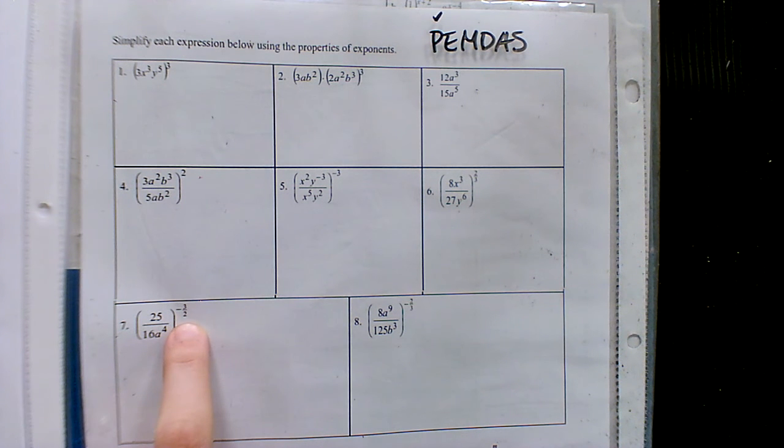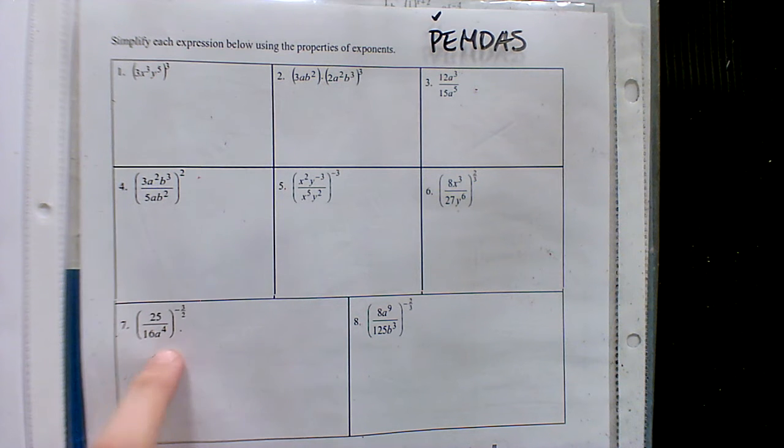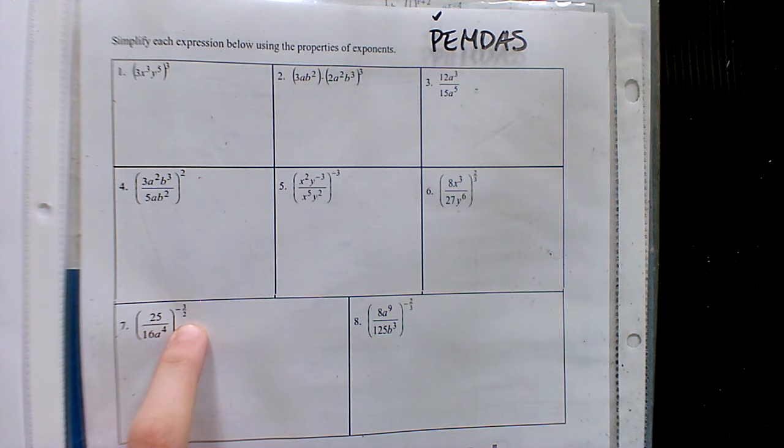What can we do with this outside exponent? Can we think about a property? If you have a bunch of items being multiplied or divided on the inside, what can we do with that outside power?